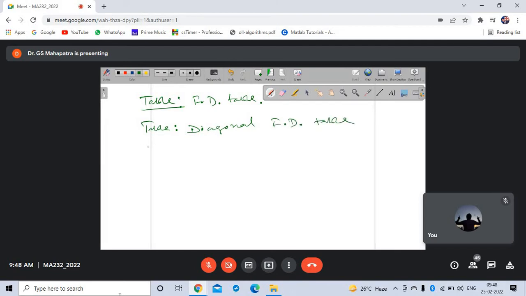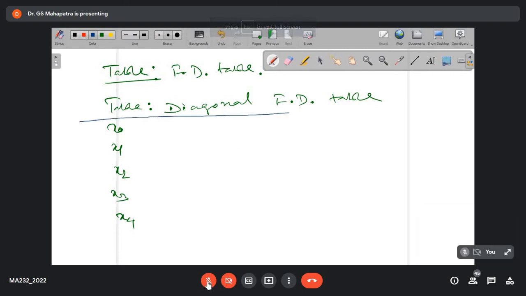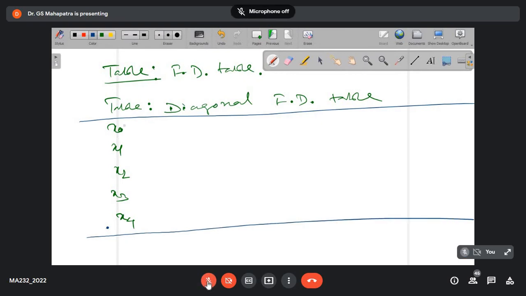The arguments are say x0, x1, x2, x3, and the final one is x4. How many arguments are there? 5. Correct. So this is the x, this is y, first difference, second difference, third difference, fourth difference, fifth difference.